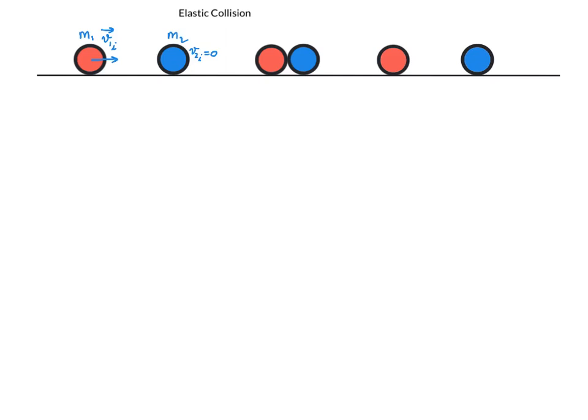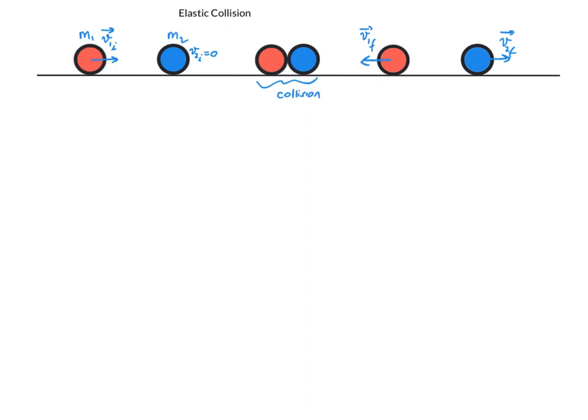Here is where the two balls collide, and after the collision, let's say that mass 1, the red ball, has a velocity v1 final, and let's say that the blue ball has v2 final. So these are the things that we're going to assume in the problem.